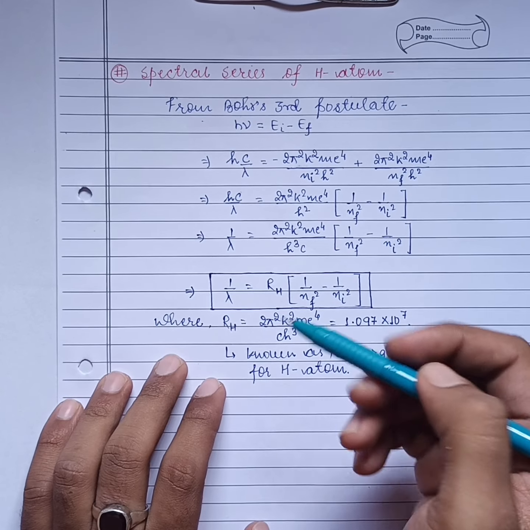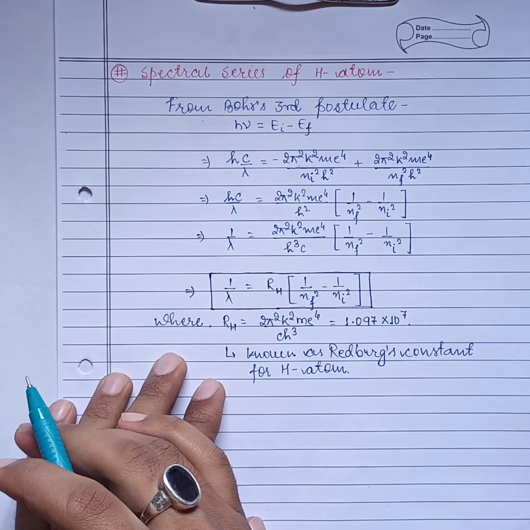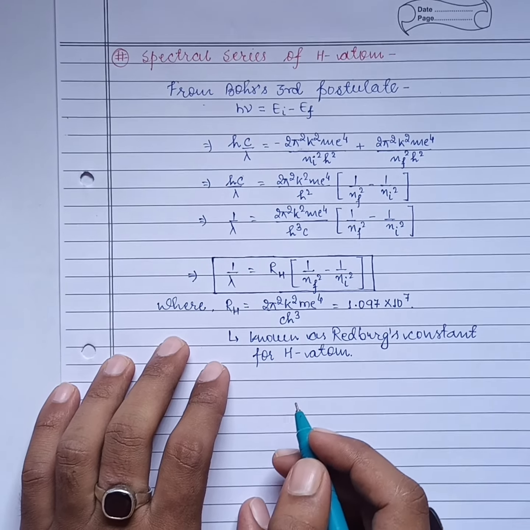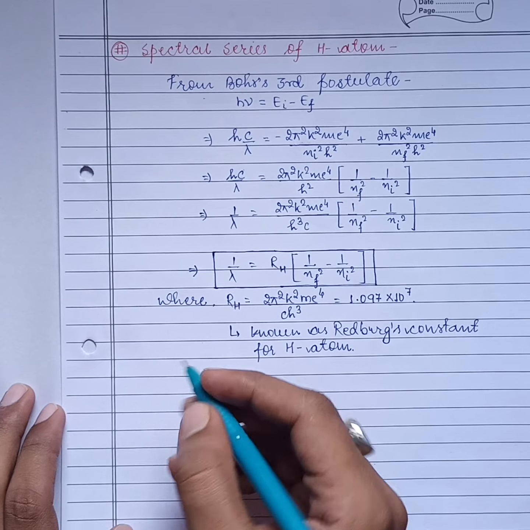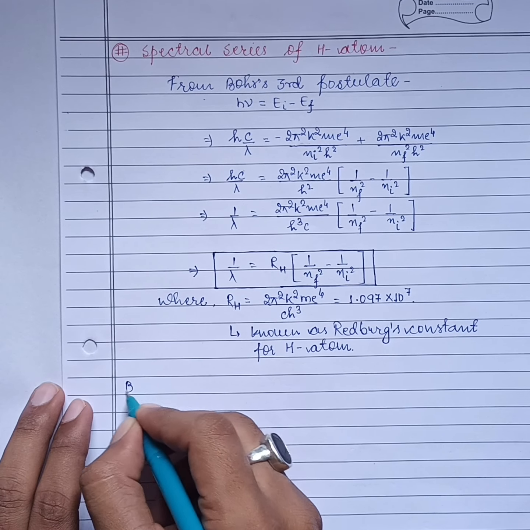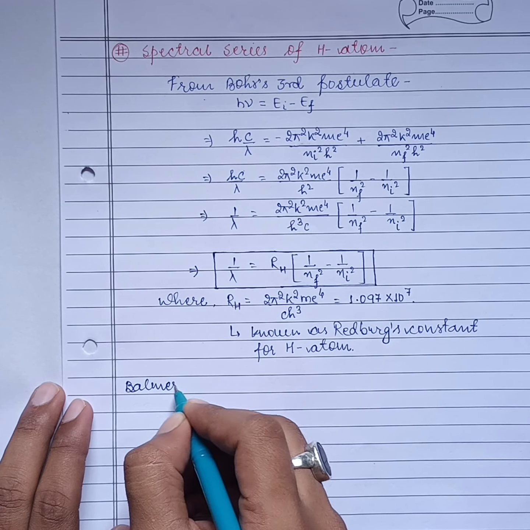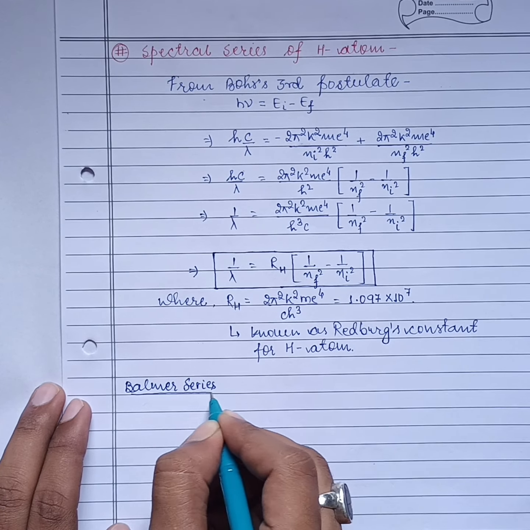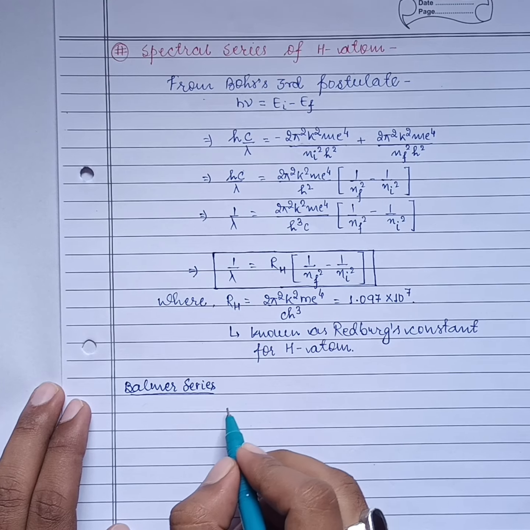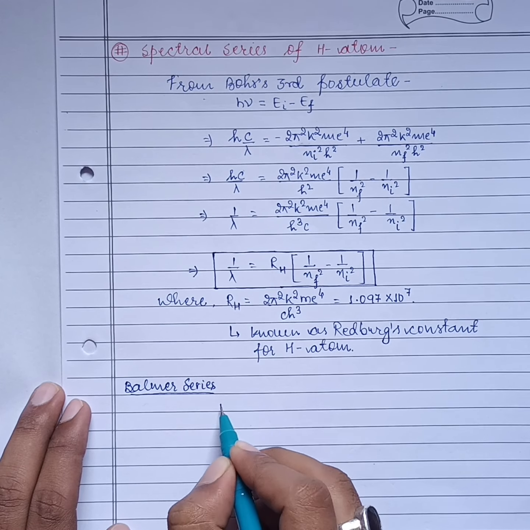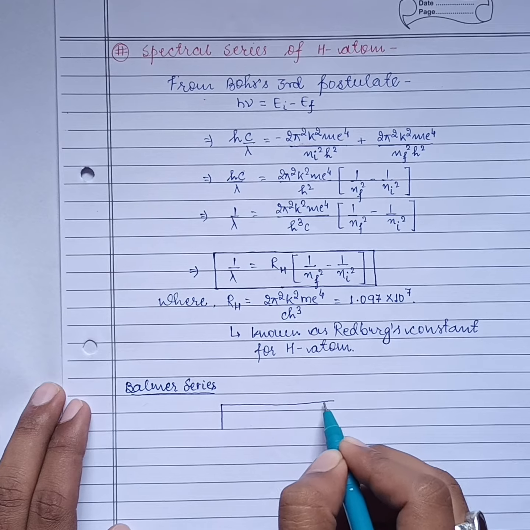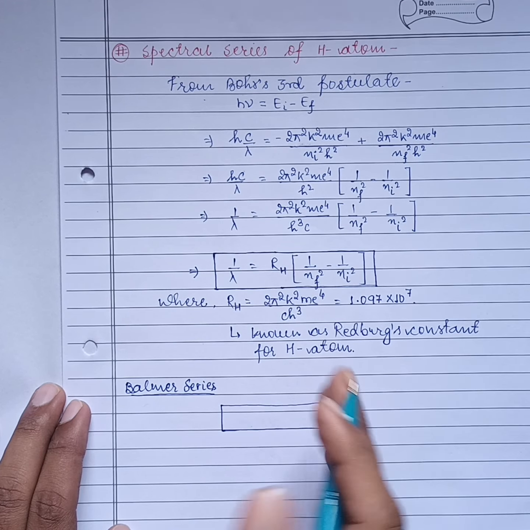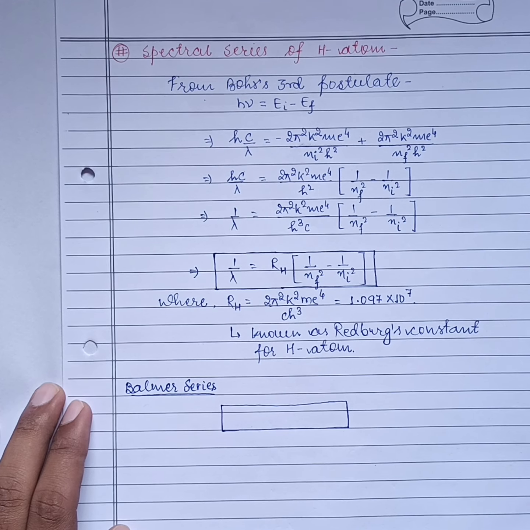From this formula, different scientists have discovered different series. When the hydrogen atom series was being discovered, Balmer was working on it, the Balmer series. When hydrogen gas was kept in a tube and white light was passed through it, he saw in the spectrometer that dark lines were drawn automatically.